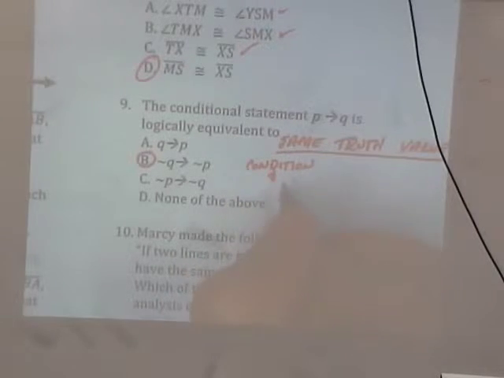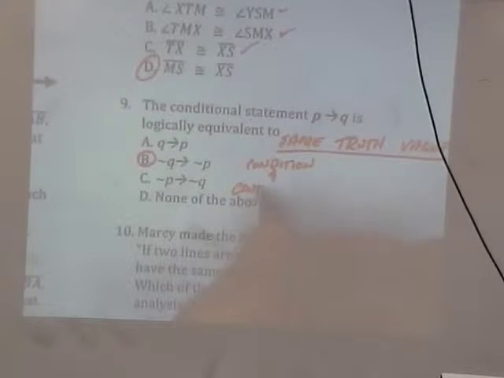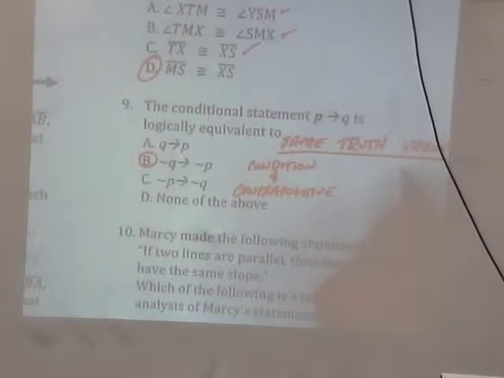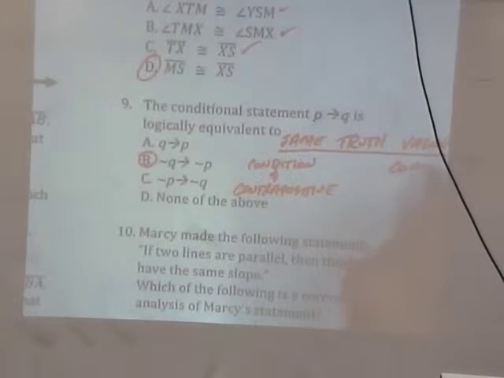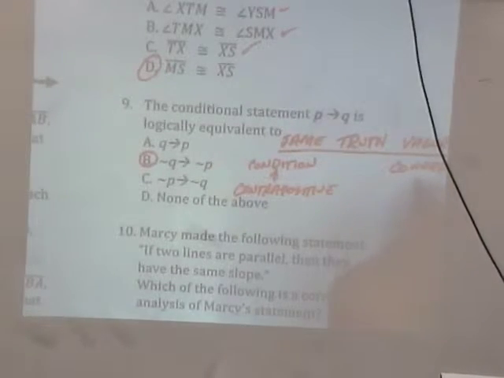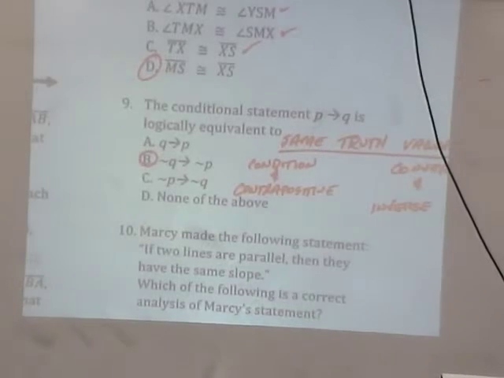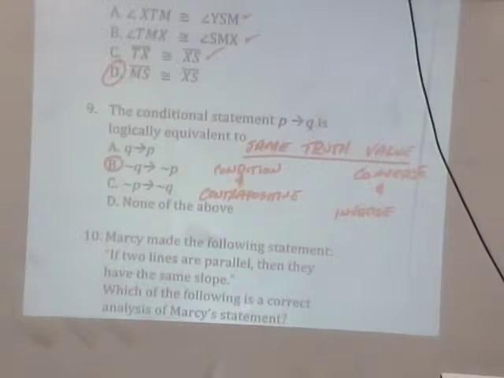The conditional and the contrapositive have the same truth values. And the converse and the inverse have the same truth values. You're gonna wanna know that.